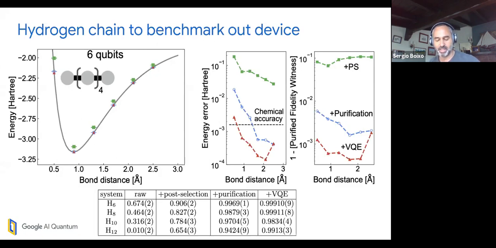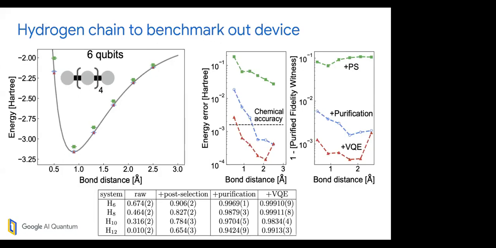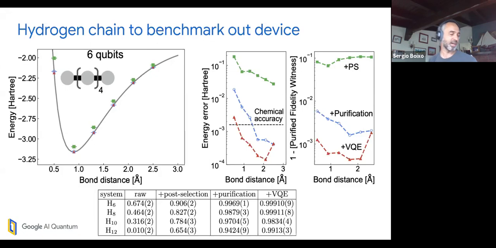If you compare with the circuits in our first theoretical paper, those circuits were less dense, so they have half as many 2 qubit gates.